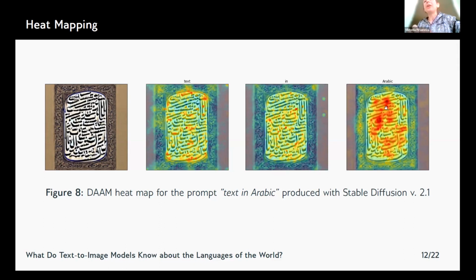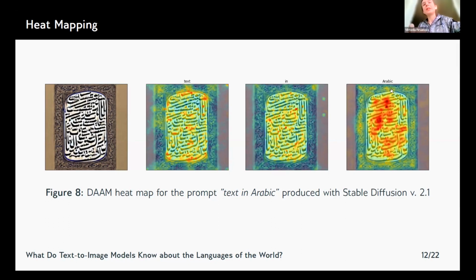So we can see on the last frame that the model does associate this text, which reminds us of Arabic script, and it identifies this Arabic script in the middle of this picture, which is this white background with black letters on it.